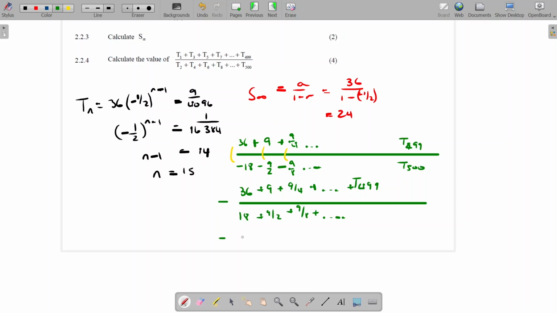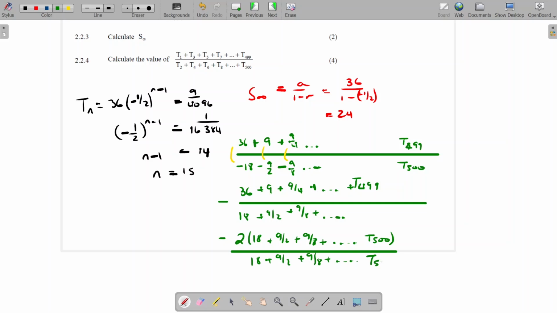I'm going to have minus 2 times 18 plus 9 over 2 plus 9 over 8 plus up to term 500, all over 18 plus 9 over 2 plus 9 over 8 plus.